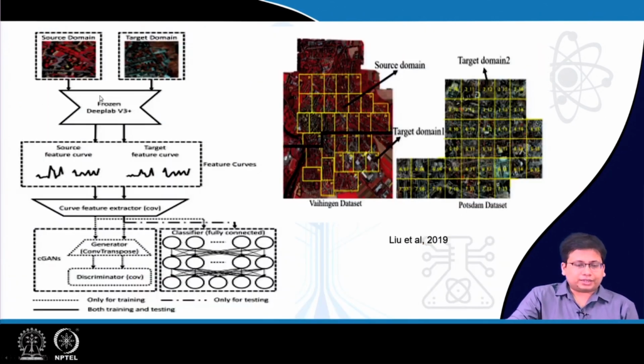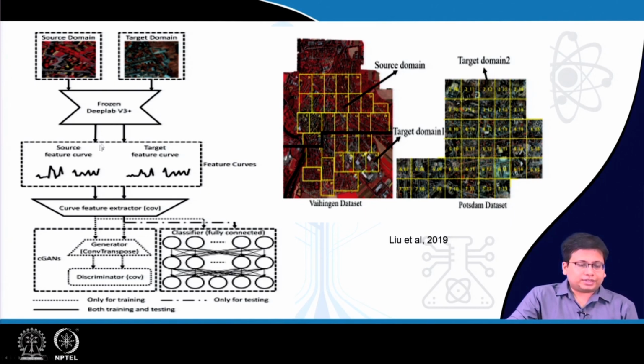For that, the image segmentation approach that they use is called DeepLab. This is also a deep learning based image segmentation, somewhat similar to the image segmentation models which we have already discussed along the lines of UNet and so on. As you can see, this is frozen, that is to say it might be trained in the source domain, but it will be used in the target domain without any further changes.